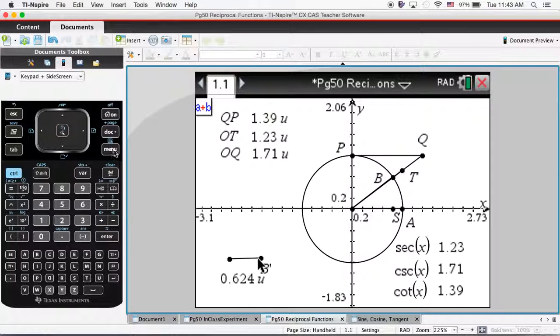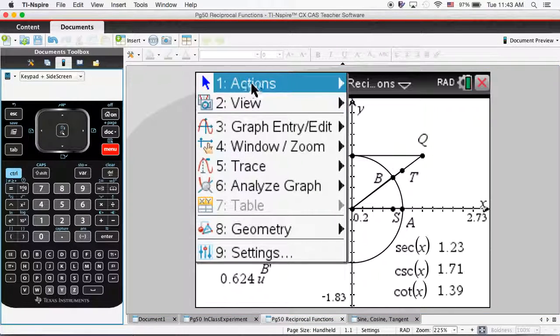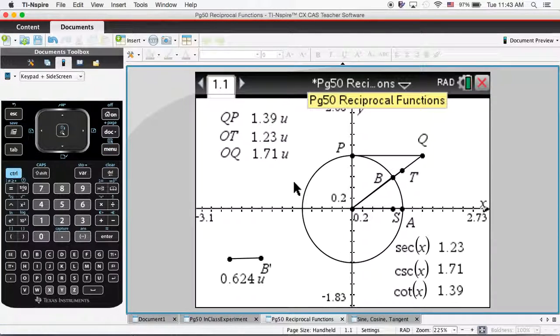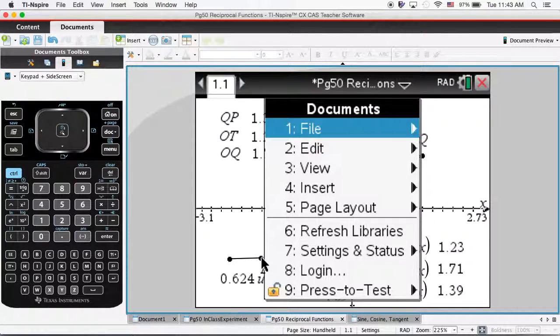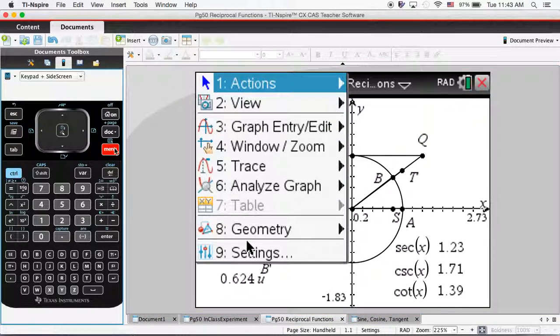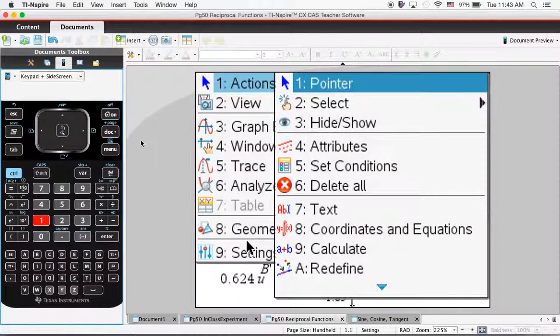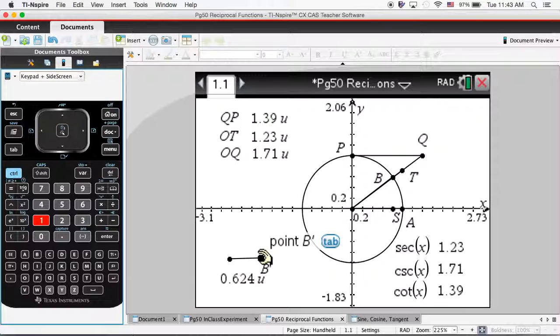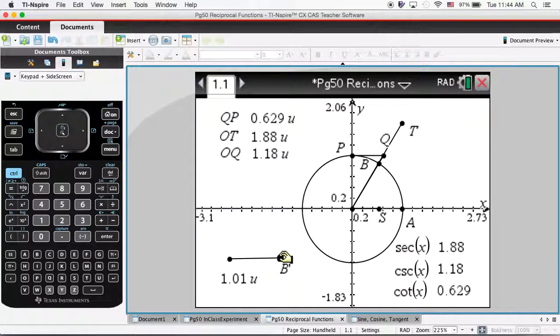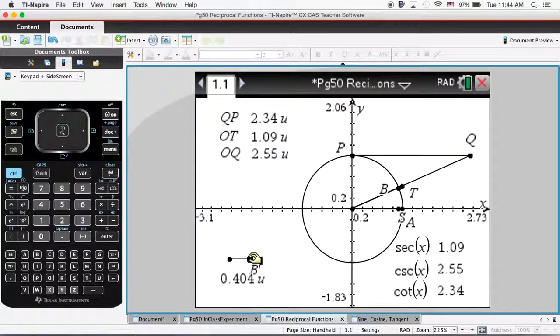So let's move this B prime so that B moves around the circle to see if that actually stays the same. If I move B around, still those relationships are invariant, meaning that the relationships are not changing.